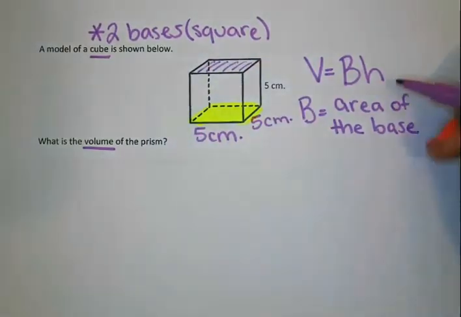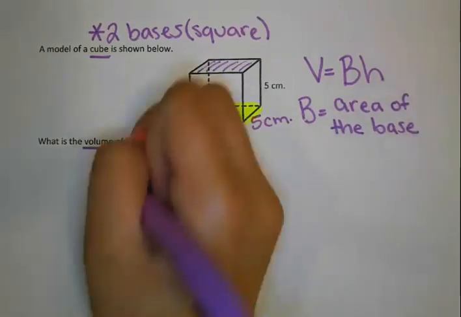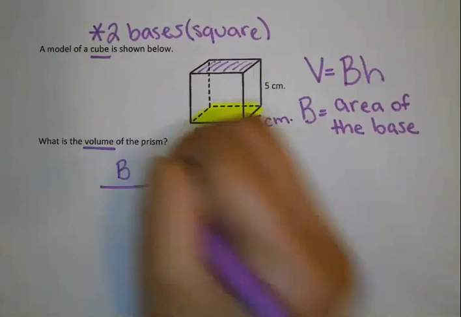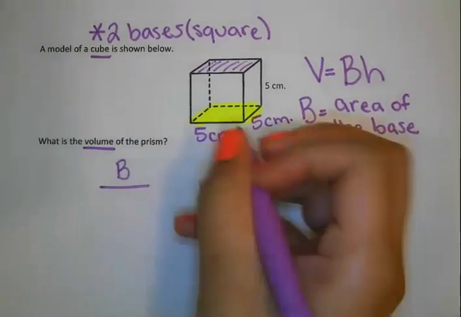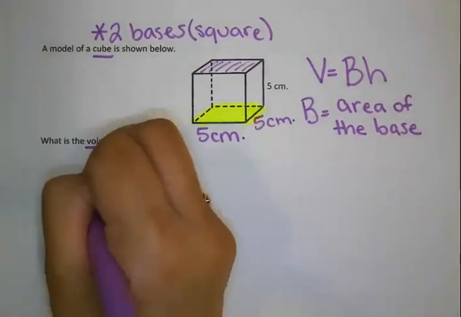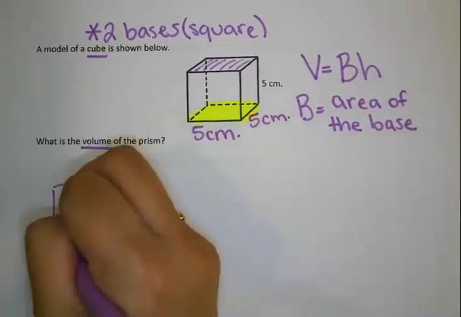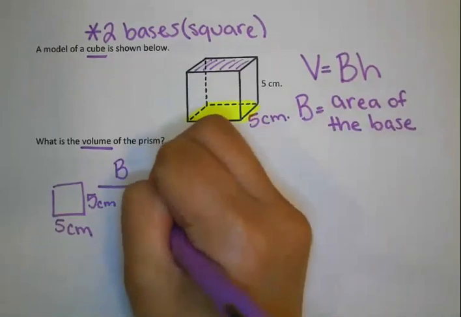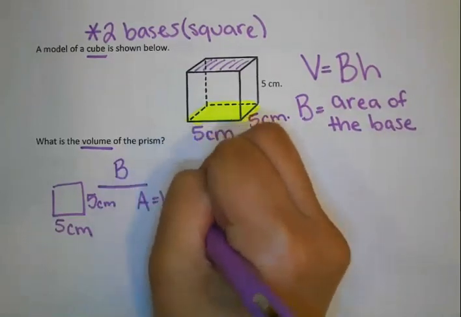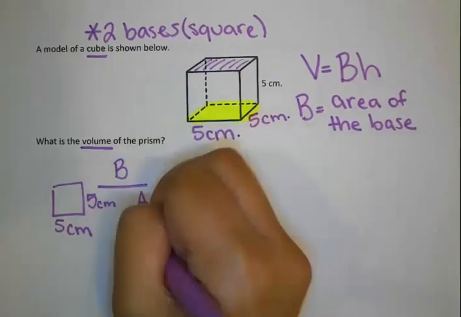Now let's go ahead and go to our formula. V equals area of the base times the height. First step is to solve for the area of the base. So I'm going to take out the base shape, which is a square, and label the dimensions. The area formula for a square is base times height. And let's solve.